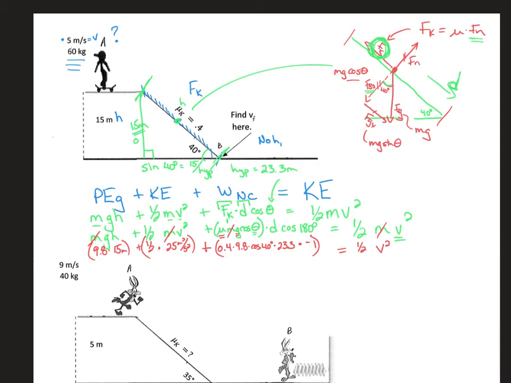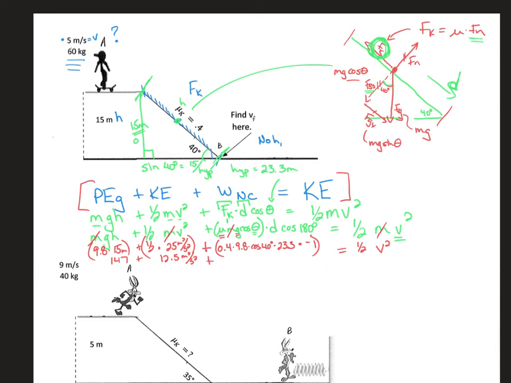So this is really a really advanced application of conservation of energy with work involved. And the details are what will get you. They're really challenging. So 9.8 times 15 is 147. Half of 25 is 12.5. And the units, if you're keeping track, are meters squared per second squared, because we canceled out kilograms.